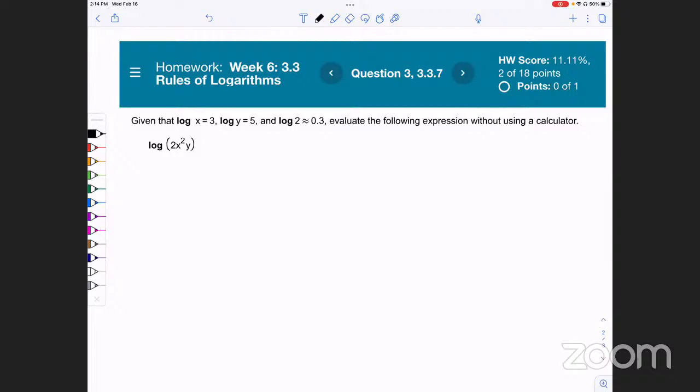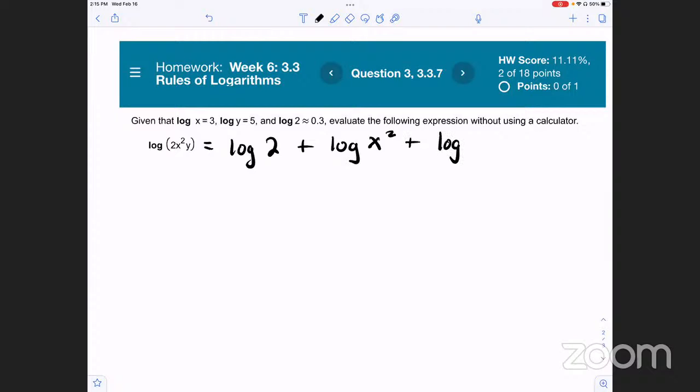So we have this log of this product. We have two rules at play here: the product rule and the power rule. With the product rule, the log of a product can be rewritten as the sum of the logs. So let's do that one first. This is going to be the log of 2 plus the log of x squared plus the log of y. Then this middle term showcases the third rule: the log of a power is the same as the power times the log.